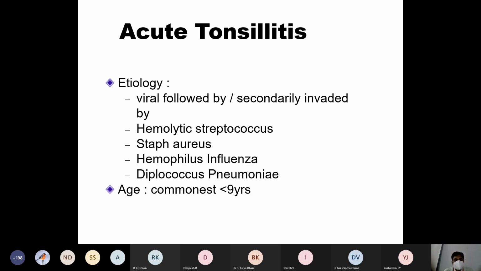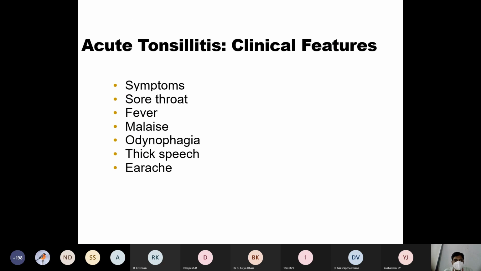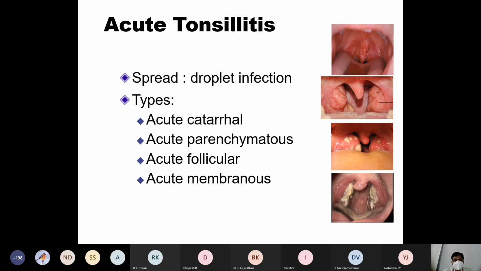The bacteria which are implicated in this infection are streptococci, staphylococci, haemophilus, and diplococcus pneumoniae. Acute tonsillitis is more common in childhood, that means less than 9 years of age, and it can occur even in adults, but it is less common. The spread of tonsillitis is usually by droplet or aerosol spread.